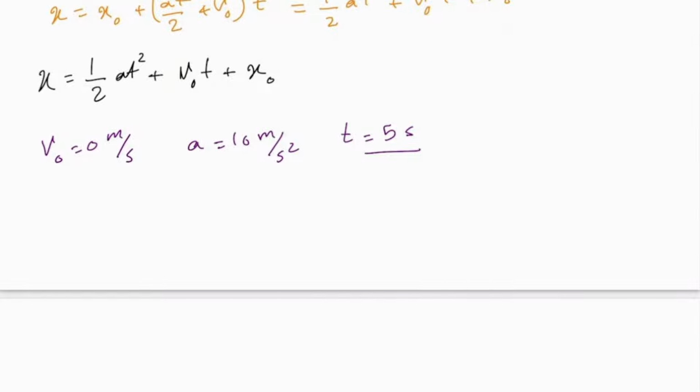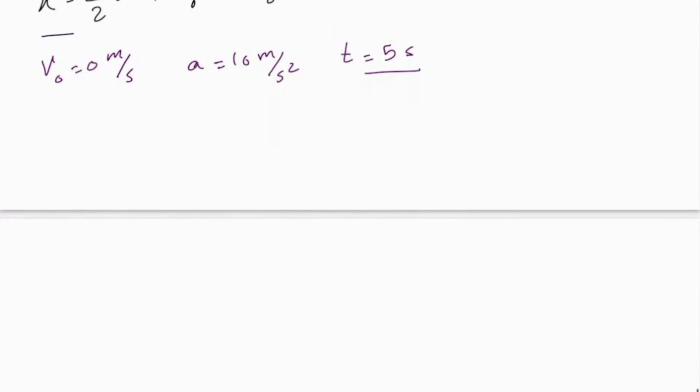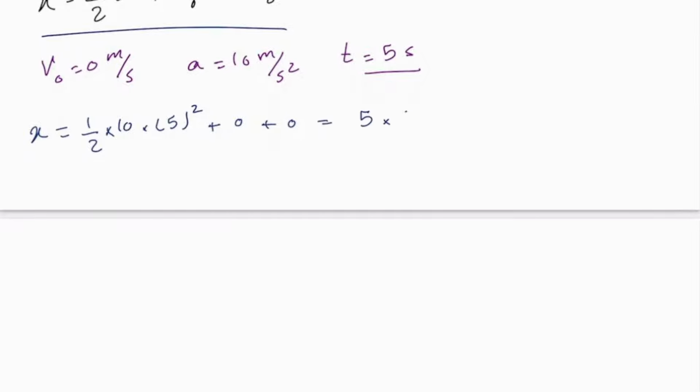So we need to use this equation that we just got. x is 1 over 2 times 10 times 5 to the power of 2, plus v0t, and v0 is 0, so this would be 0. And x0, we assume it starts at the origin, so x0 is 0. So we have 5 times 5 to the power of 2, which is 125 meters.